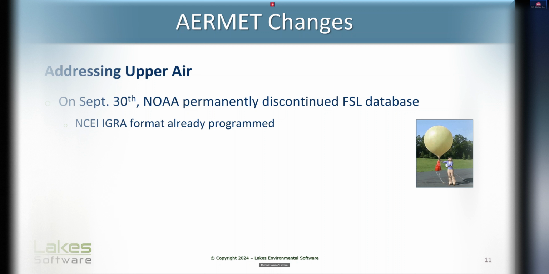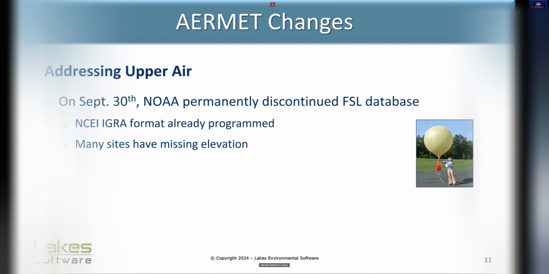It includes worldwide upper air measurements, and it's pretty simple to locate the data you need and insert that into AERMET. Unfortunately, one issue that was found within the 23132 version of AERMET was that many sites in the IGRA format have a missing base elevation. There's no surface level elevation incorporated into many of the radiosonde readings.